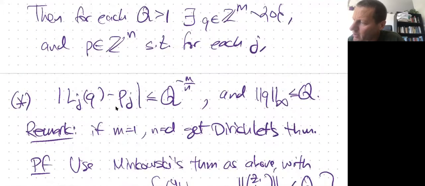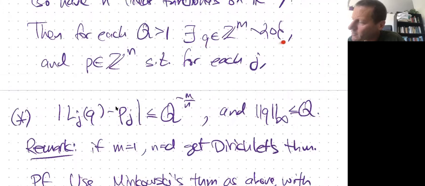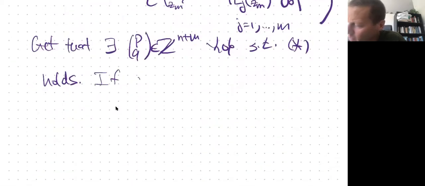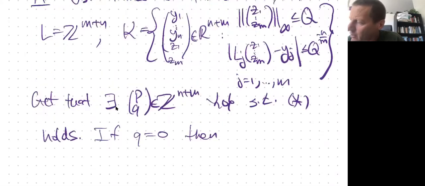If q is the zero vector, by contradiction, then from this formula here, this becomes 0, and this is the p_j.